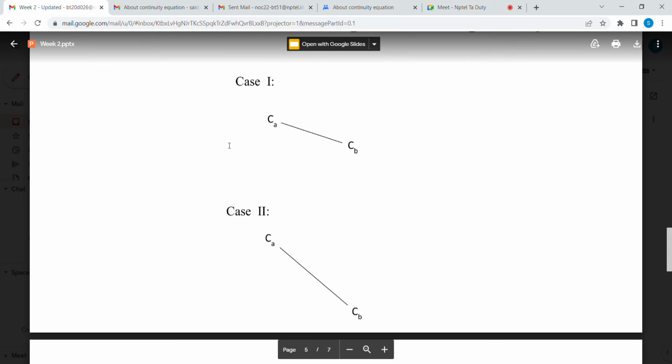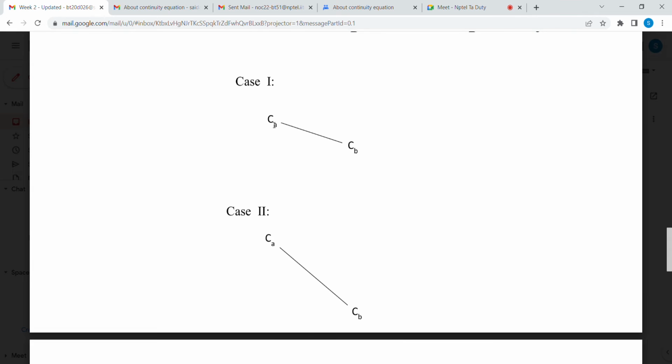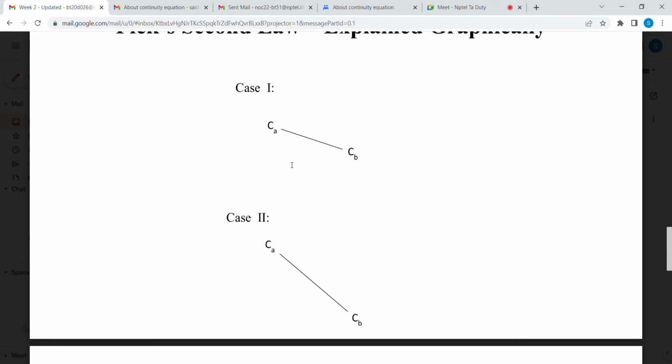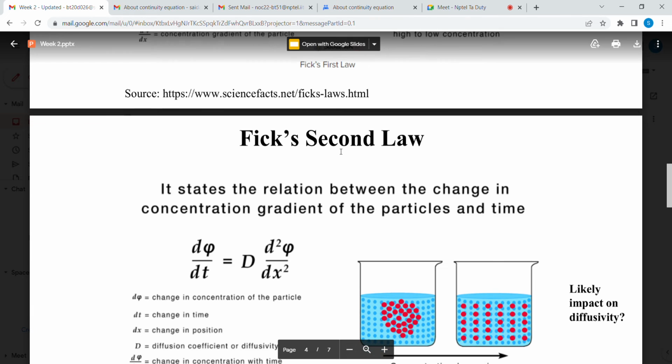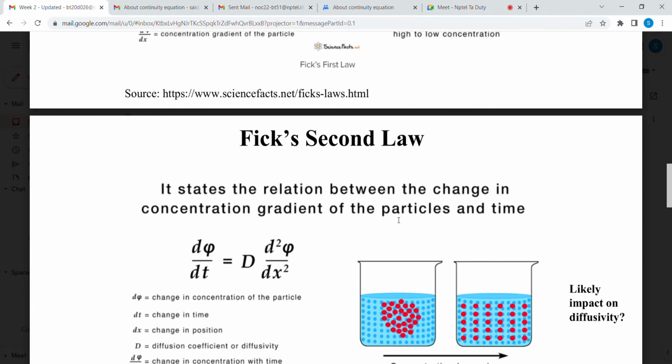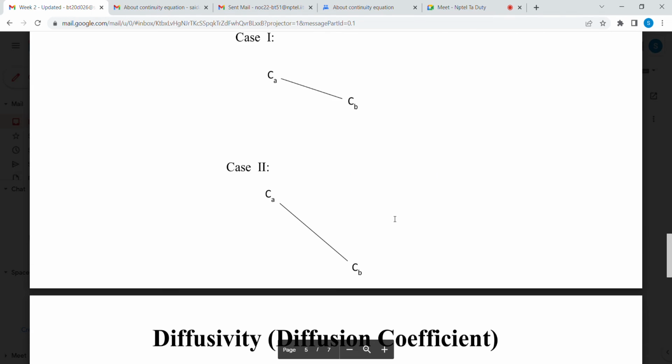So let me break down, in fact, this complicated looking equation and give you an intuitive understanding of it. So let's take two cases here.